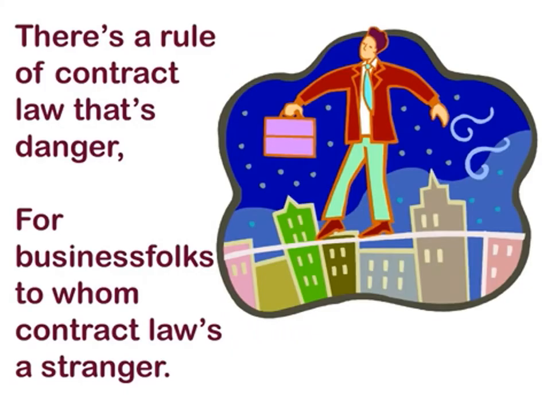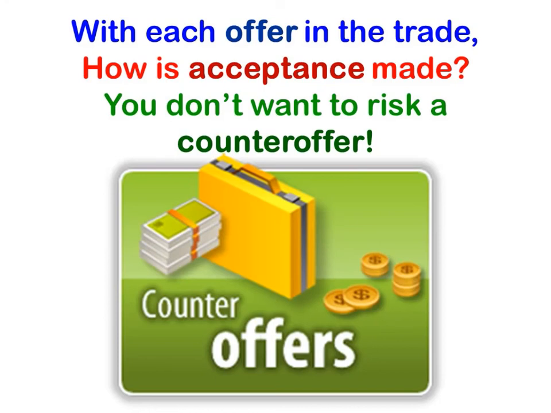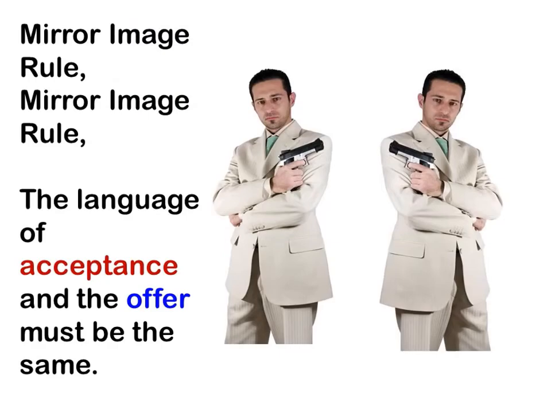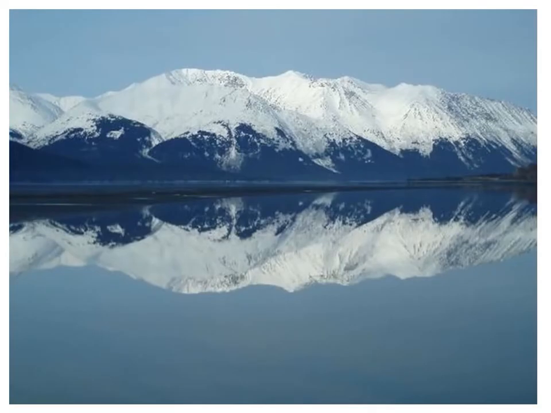There's a rule of contract law that's dangerous for business folks to whom contract law's a stranger. Wage offer in the trade, how is acceptance made? You don't want to risk a counteroffer. Mirror image rule, mirror image rule. The language of acceptance and the offer must be the same.